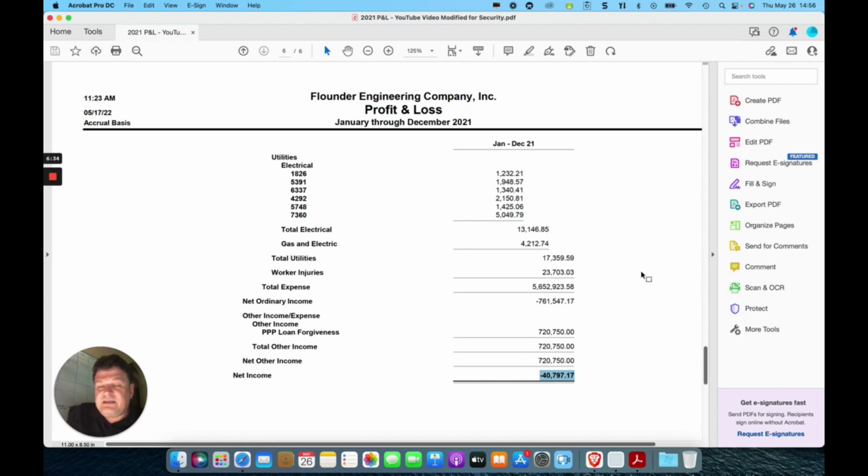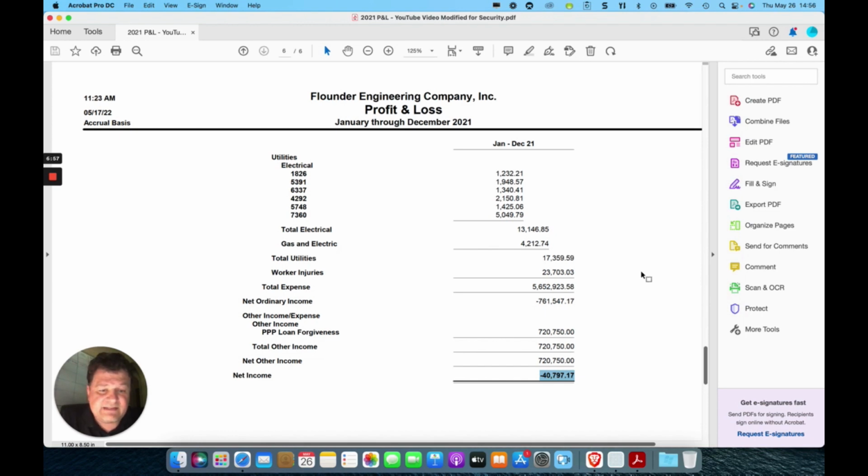Engineering companies, if you look at the average across the entire United States, they average about 9.5% in net operating income. They don't lose money. 9.5% is the average plus that these engineering companies are making. And so this company has problems.